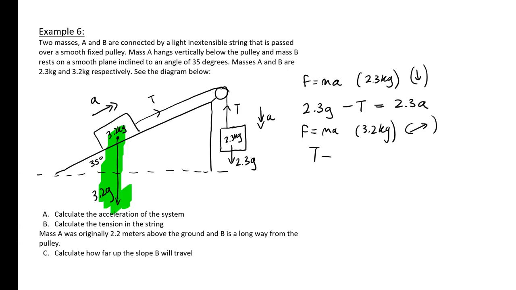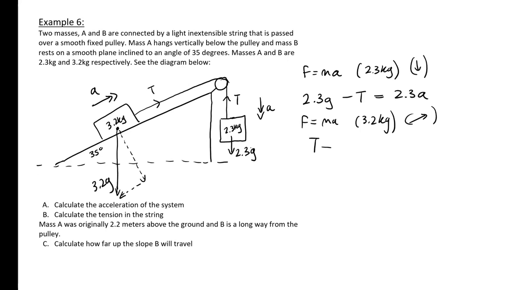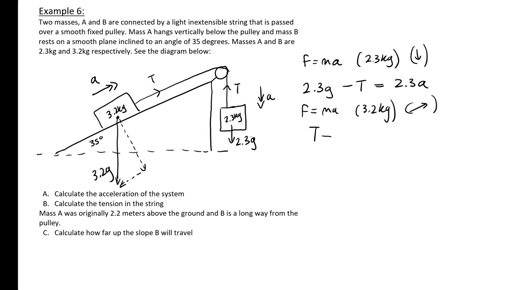It's not aligned with this direction up the slope. So we need to break weight down into relevant components, into the slope and along the slope. Along the slope, this component down here, that's parallel to the direction we're considering, so that's a relevant component.